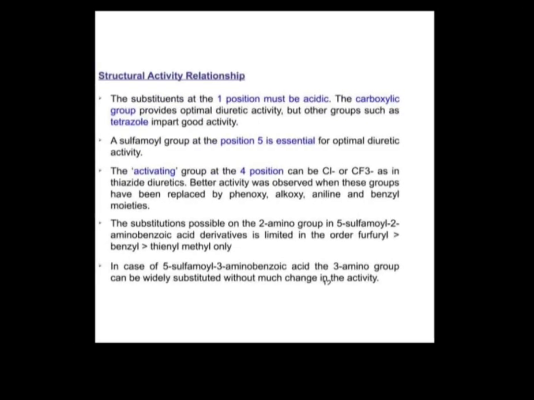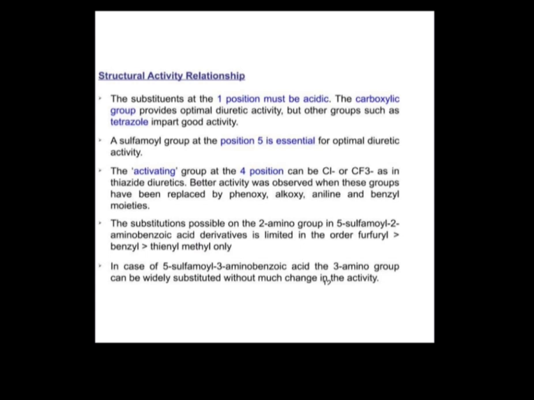The SAR of the sulfonamide category drugs. First, the substituent at the first position must be acidic. The carboxylic group provides optimal diuretic activity, but other groups such as tetrazole impart good activity. Second, the sulfonamide group at position 5 is essential for optimal diuretic activity. Third, the group at the fourth position can be chlorine or CF3 as in the thiazide diuretics.